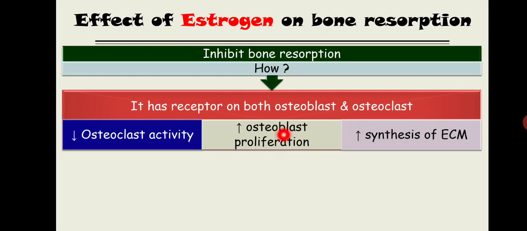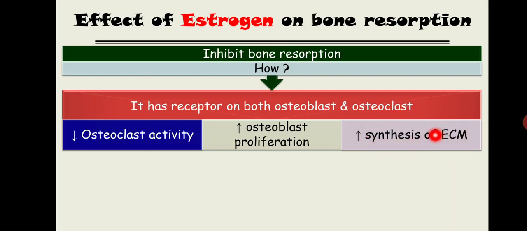Obviously, whenever estrogen increases osteoblast formation, this osteoblast is going to secrete the extracellular matrix, so estrogen via the osteoblast will increase the synthesis of extracellular matrix, right? So these are the three primary actions of estrogen over the bone. It decreases osteoclastic activity, increases osteoblast proliferation and increases synthesis of extracellular matrix.